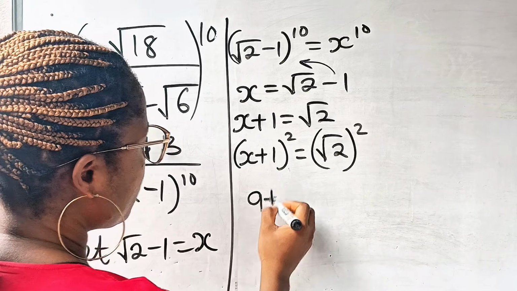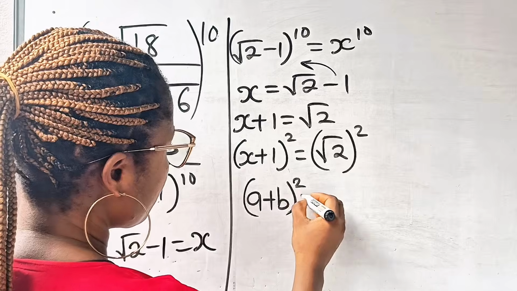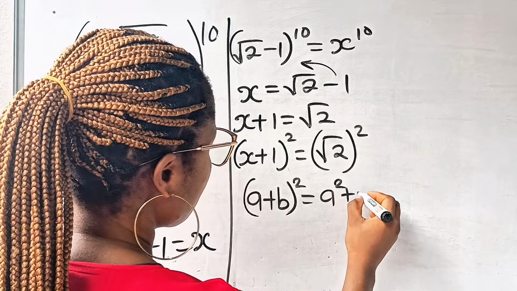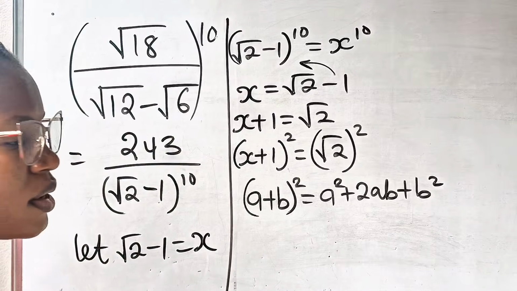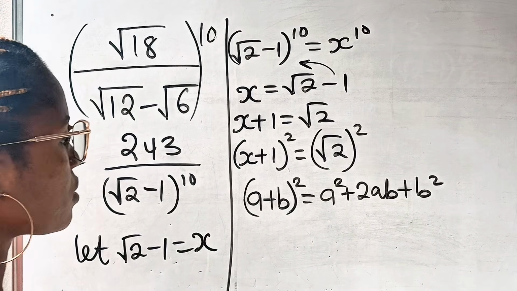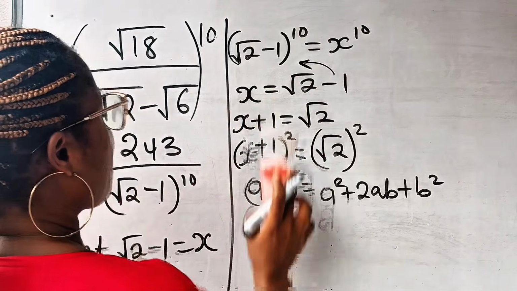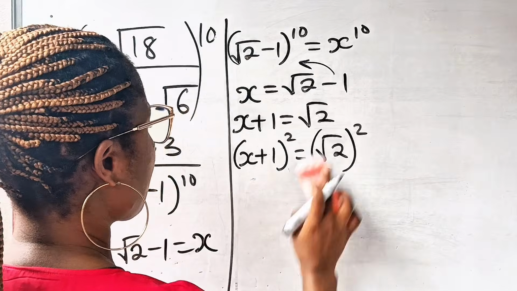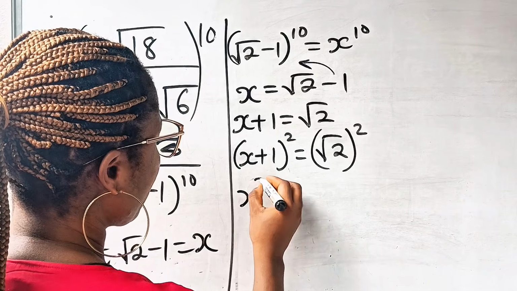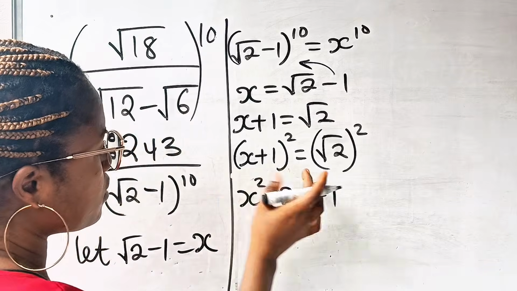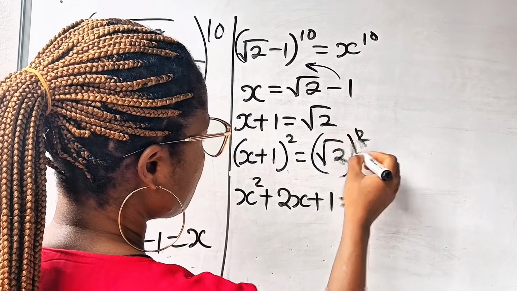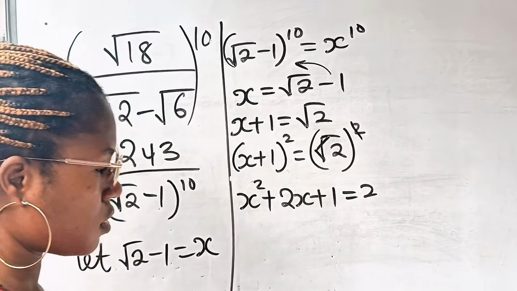Now, remember that a plus b squared is equal to a squared plus 2ab plus b squared. Alright? So we can rewrite this as x squared plus 2x plus 1, that is for this, is equal to, this we remove this, we have 2.